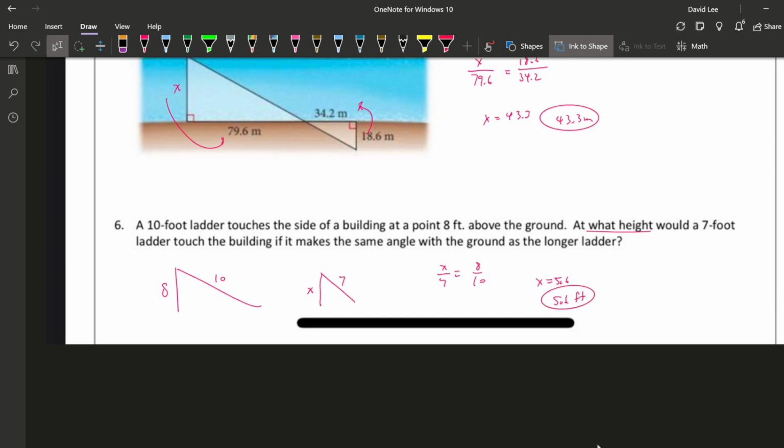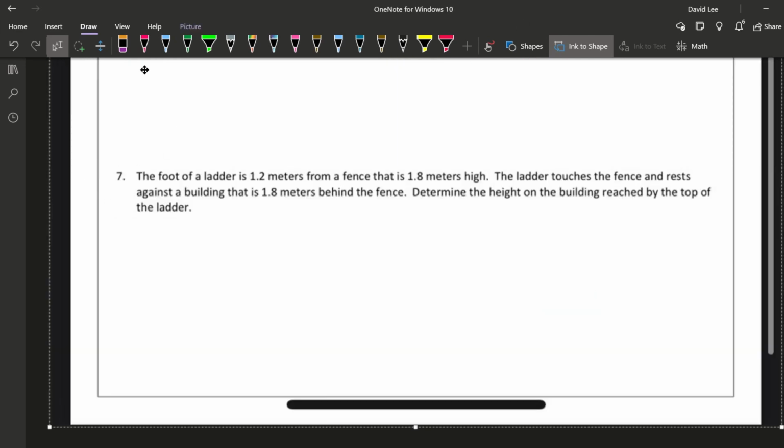That's it. Yeah, there's actually one more. It says the foot of a ladder is 1.2 meters from a fence that's 1.8 meters high, so this is 1.8. The bottom of the ladder is 1.2.